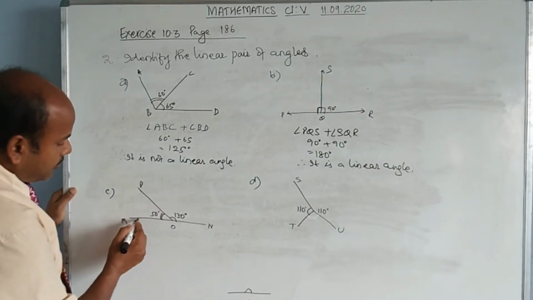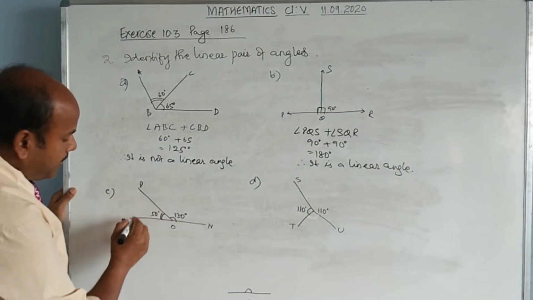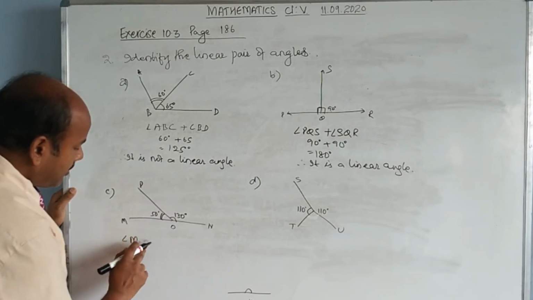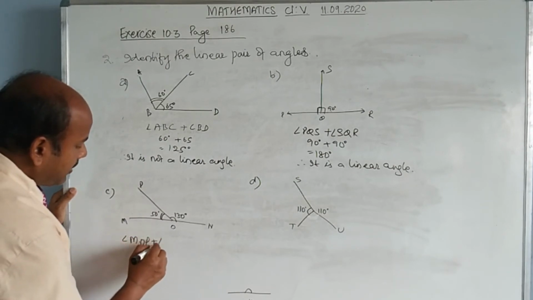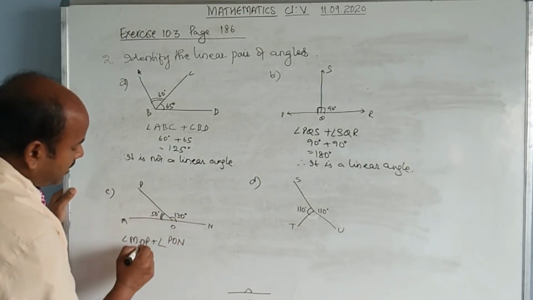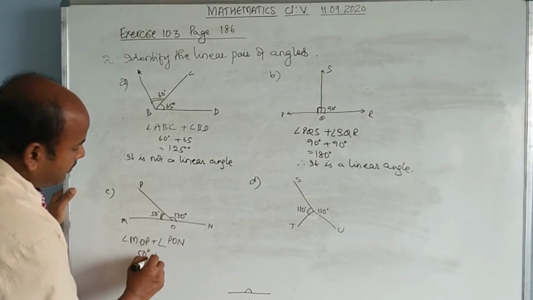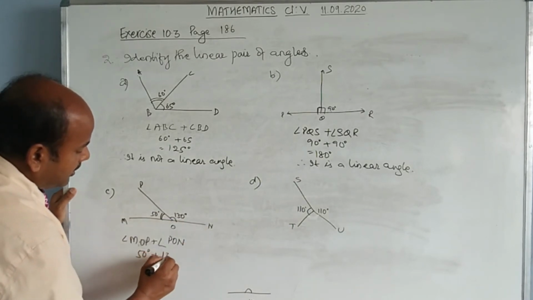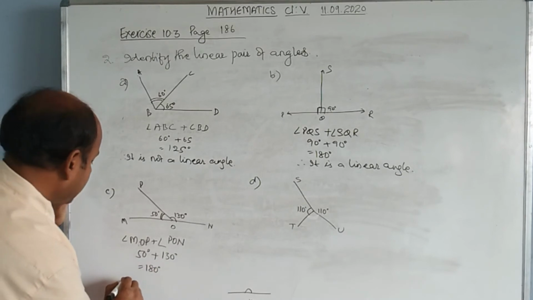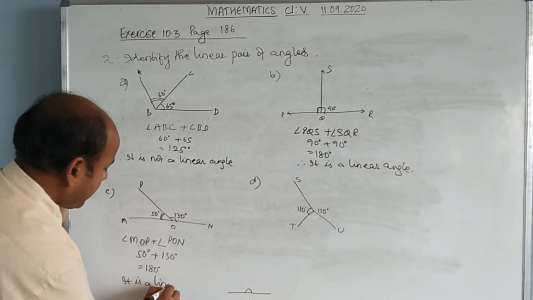See here, two angles: angle MOP plus angle PON. MOP is 50 degrees and PON is 130 degrees. If you add this, you get 180 degrees, which is a linear pair.